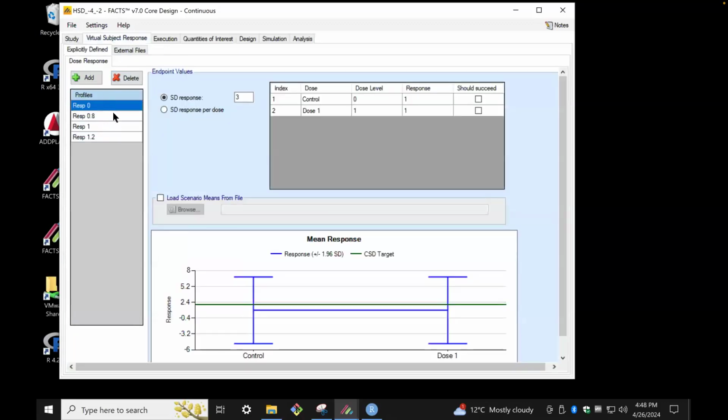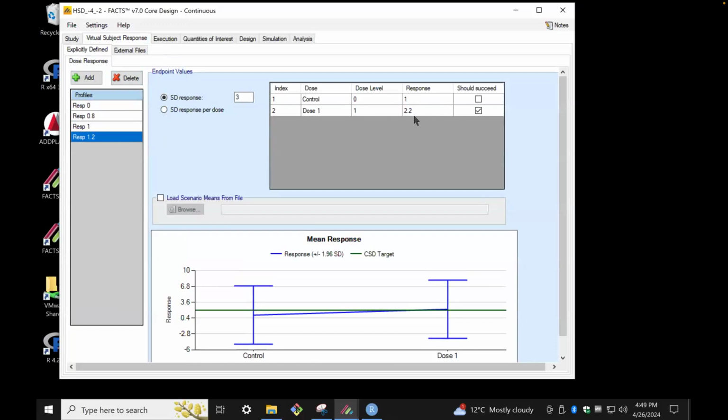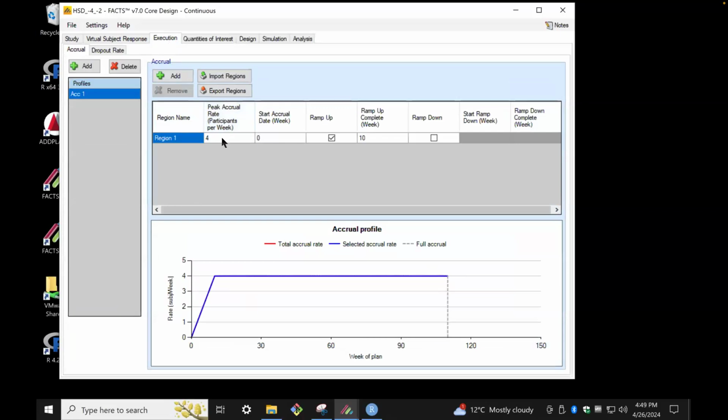And I've looked at 4 scenarios, but the principal one, of course, is the null and the response of one endpoint. But I've also put in scenarios at a slightly reduced effect size, 1.8, and a slightly improved effect size of 1.2. We're going to assume accrual is 4 per week, so it's going to take us about 2 years to fully accrue this trial.